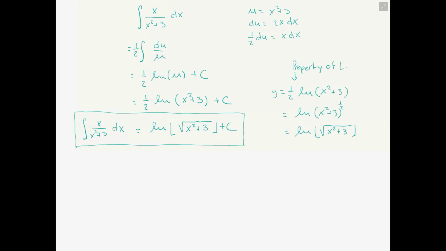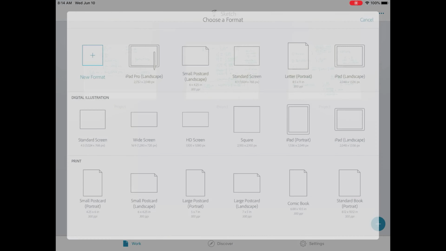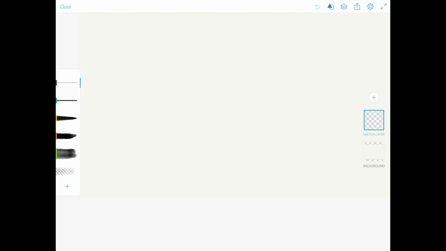But that's equal to the natural log of the square root of x squared plus 3. So if you're wondering where this came from, it's just a characteristic or property of logs.